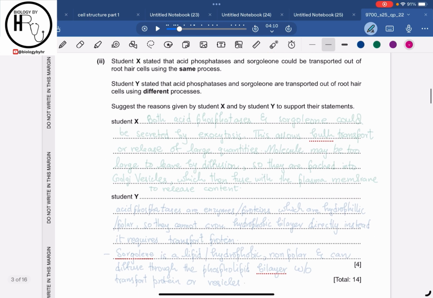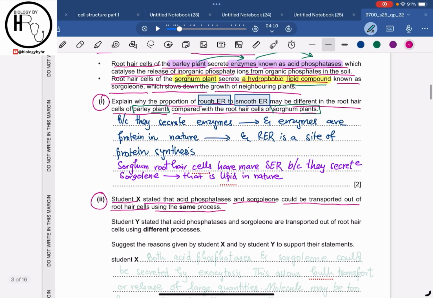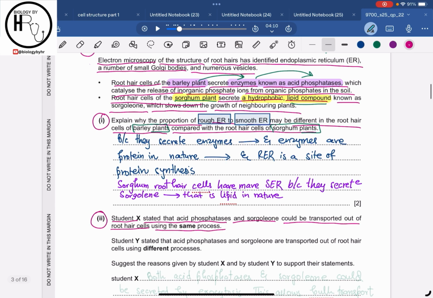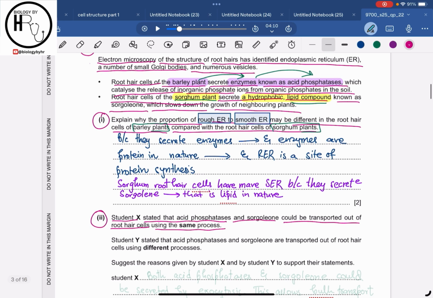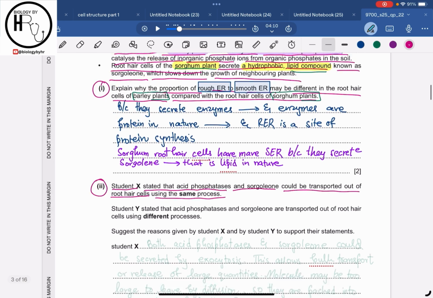Part D part 2 says that student X stated that acid phosphatase, which is the enzyme, and sorgoleone could be transported out of the root hair cells using the same processes. Sorgoleone was the lipid compound which was secreted by the sorghum plant.